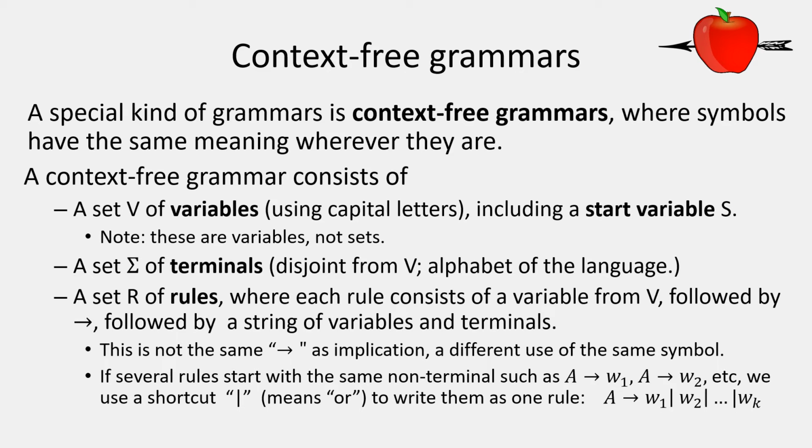So if you're wondering why context-free, like is it good to be devoid of context, what it means for a grammar to be context-free is that the meaning of a structure doesn't really change depending on where it is. A noun is always a noun, a verb is always a verb, kind of.